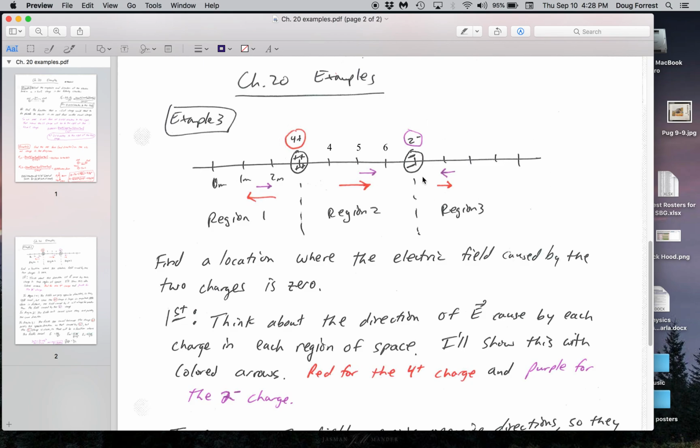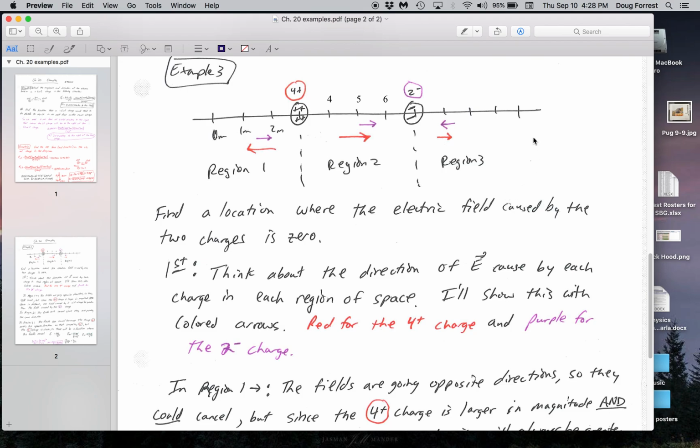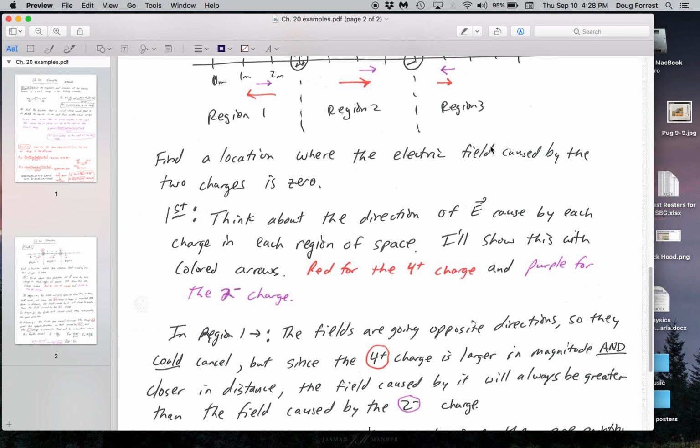So the region where the electric field is 0 is going to have to be somewhere over here to the right of this charge. So notice that although this is a mathematical problem, I've spent a lot of time thinking about it conceptually. And I know now that the region of 0 field is somewhere over here.